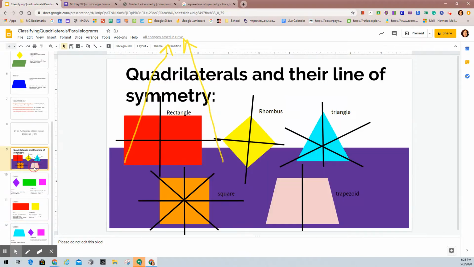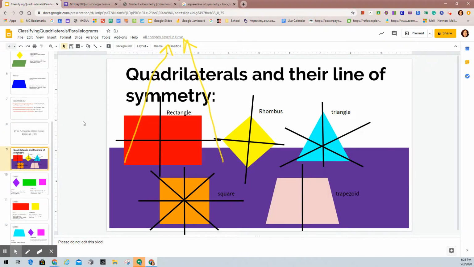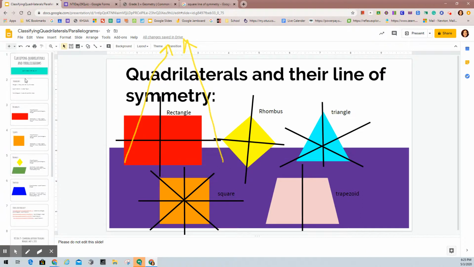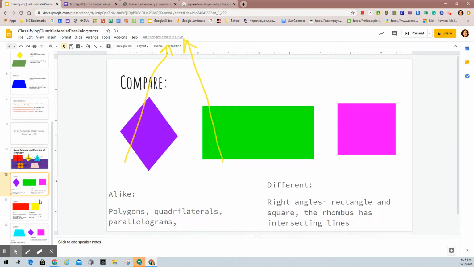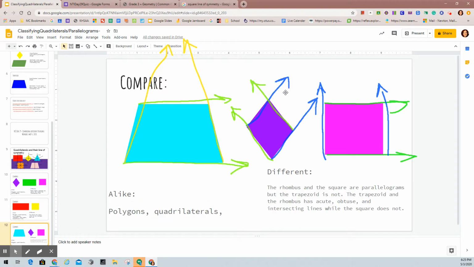Okay, so that's really all I have for you guys today. So far today we looked at lines of symmetry, we reviewed quadrilaterals and parallelograms and some of those fancy terms, and then we compared different polygons. Now what I want you to do today, the first thing is to get a green light on Reflex. That's always a given. Every Monday and Tuesday you get that green light.